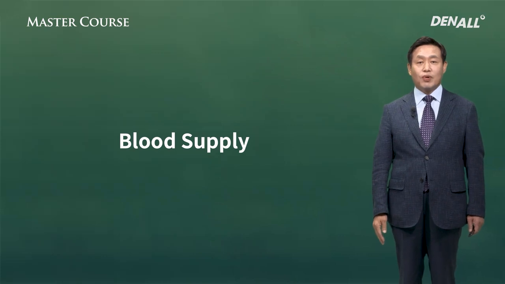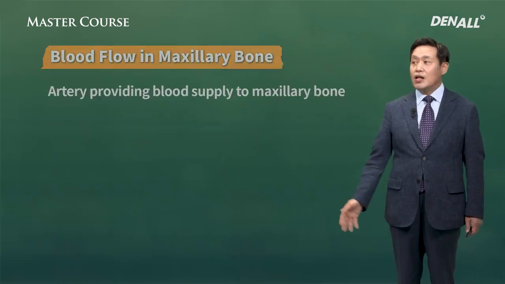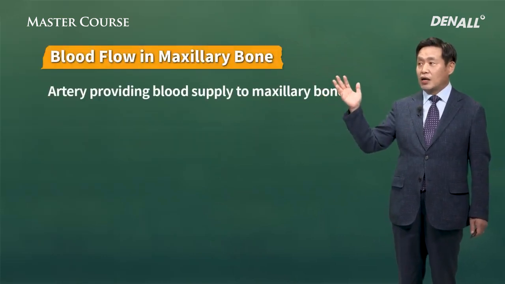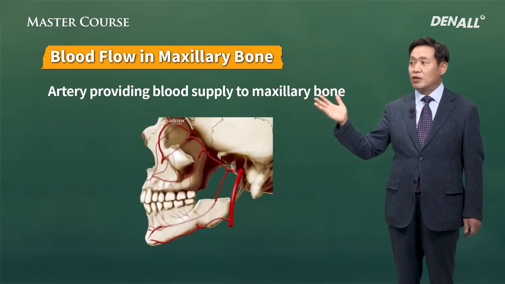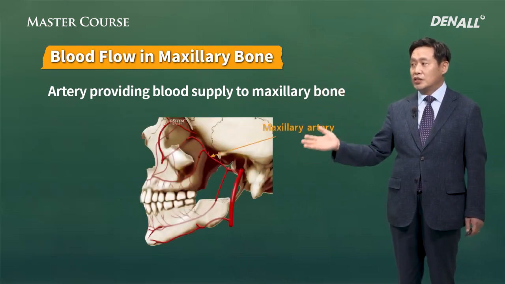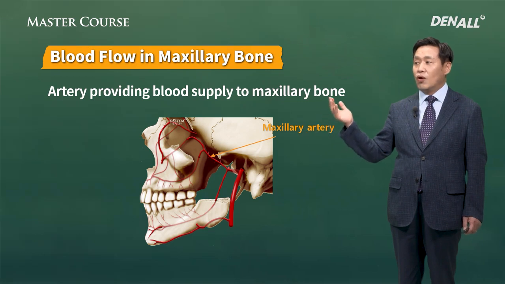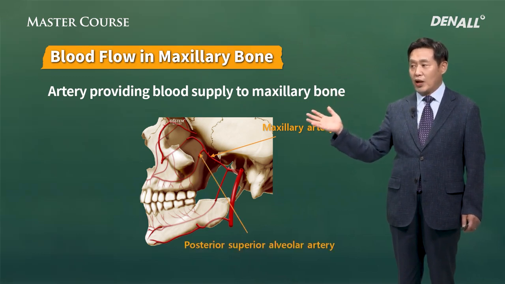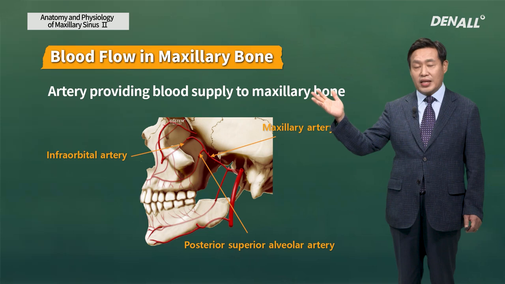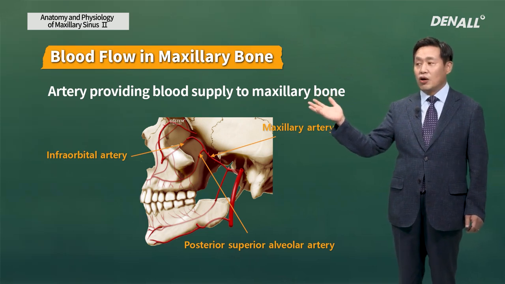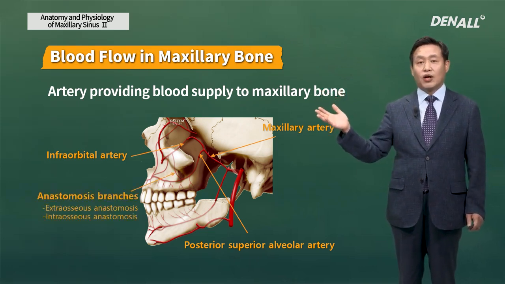Next, the blood supply in the maxillary sinus. For the maxillary bone, basically, the blood supply comes from the maxillary artery, the posterior superior alveolar artery, and the infraorbital artery. And anastomosis is formed.